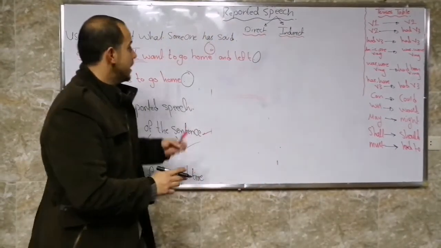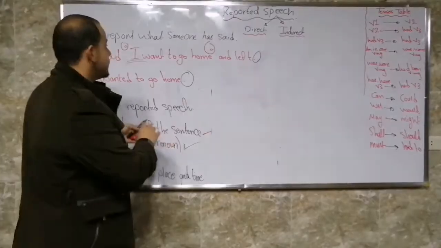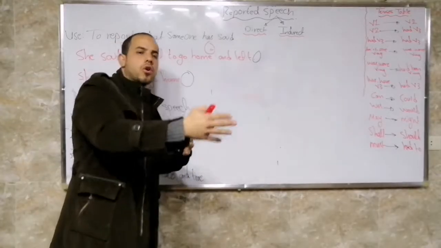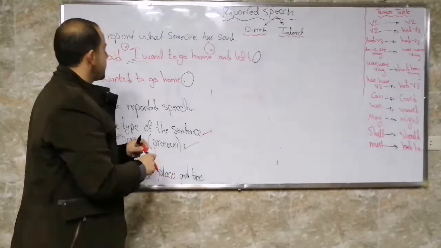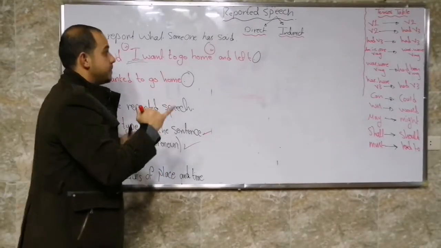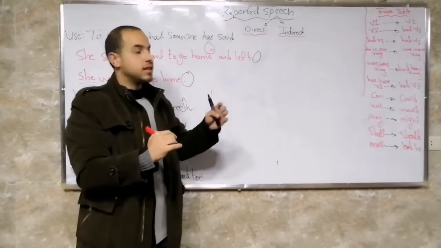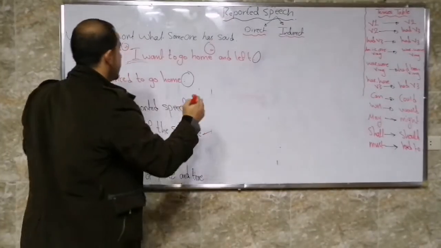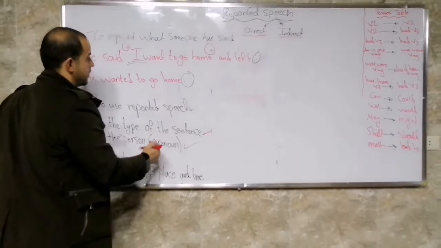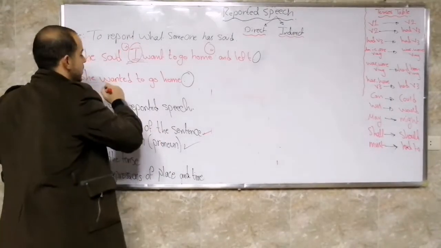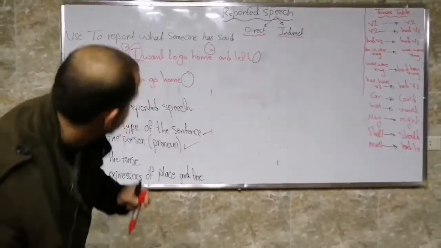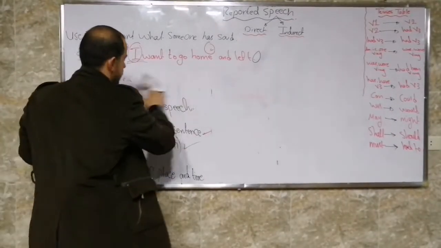Okay, let's see what we have here. This is the sentence. Someone said, "I want to go home." Okay, the first step is to define the type of the sentence, and you can notice here that this is a statement. Then I change the pronoun. Here we have I. Now, according to what?